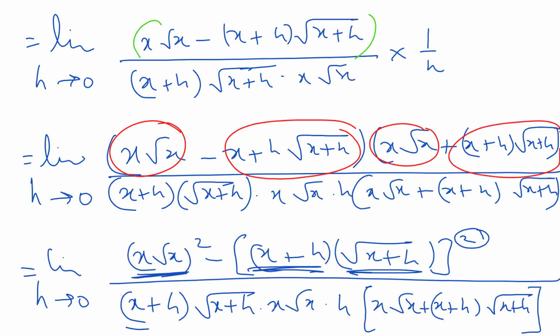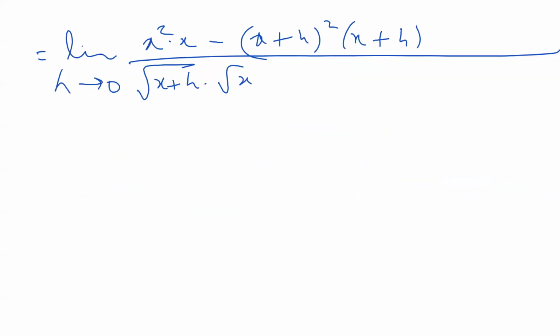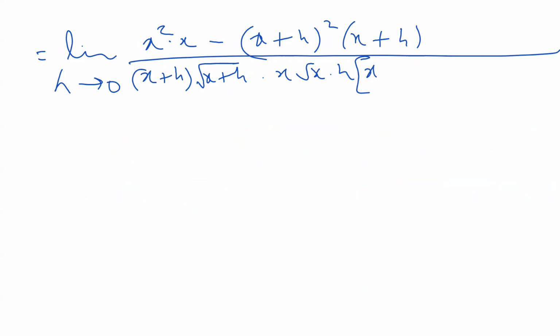Into, sorry, x plus h into root x plus h, x root x into h, x root x plus x plus h, root x plus h. Okay, the last box bracket.